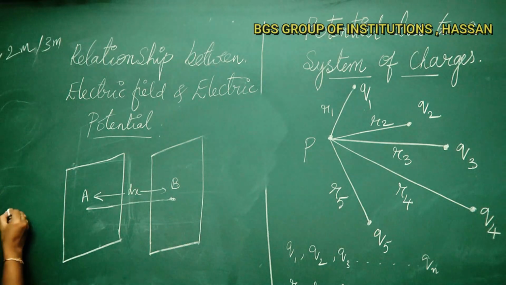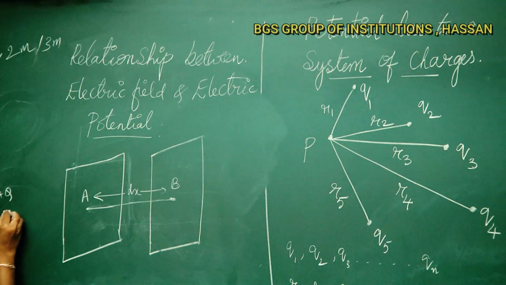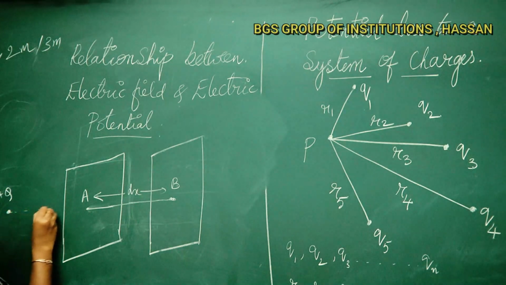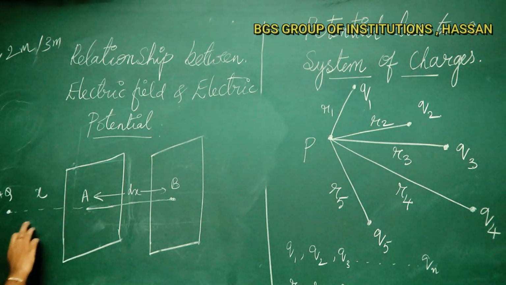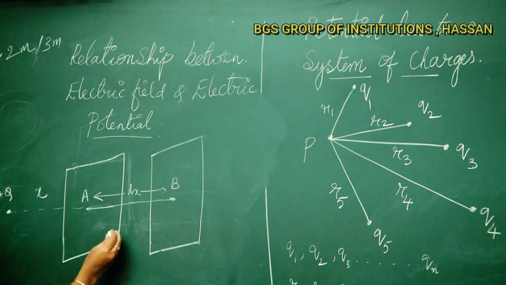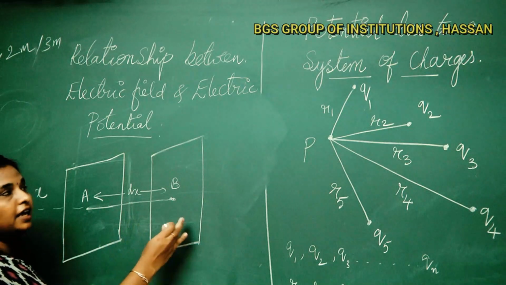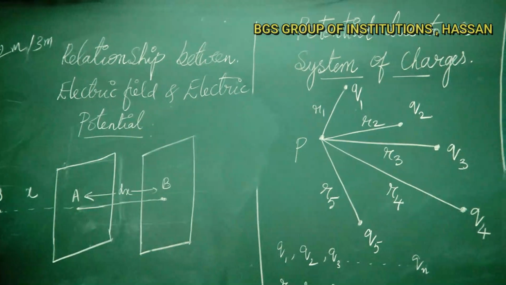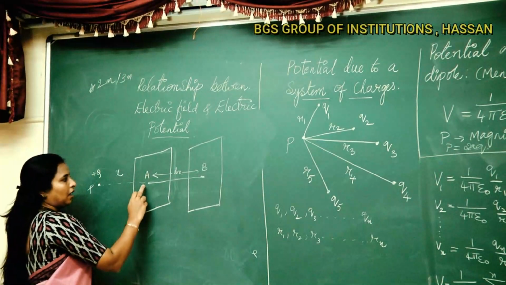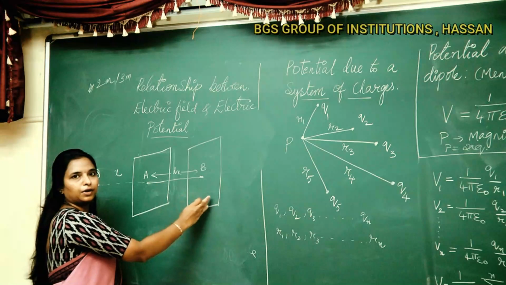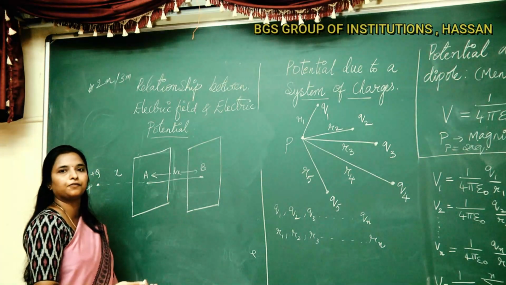Now, we will consider a charge plus Q here at point P at a distance x from A. Now, in order to calculate the electric potential, we have to move a unit positive charge from A to B. In order to move it, we have to perform some work.